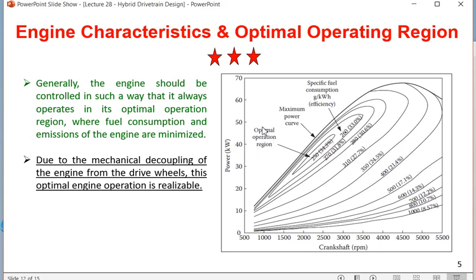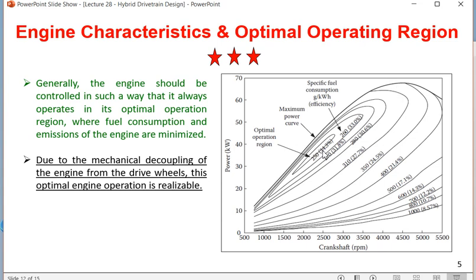Optimal operating region means this will be the highest efficiency. If you are driving the vehicle between 60 to 100, 120 kilometers per hour, you are going to achieve maximum fuel efficiency, and the efficiency of the whole drivetrain will be maximum. So maximum output power is one thing, maximum efficiency is a different thing.